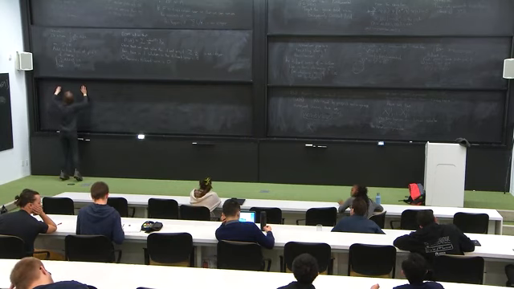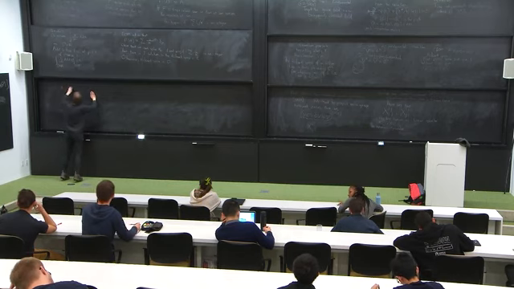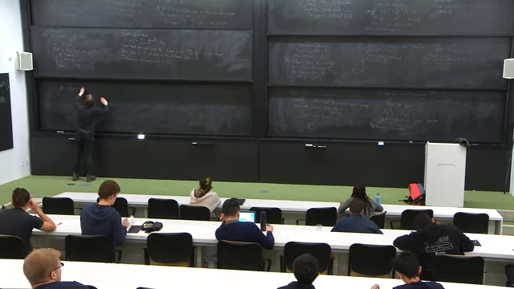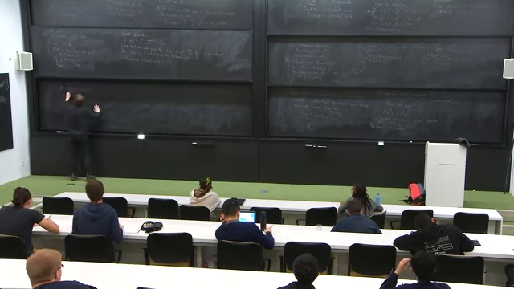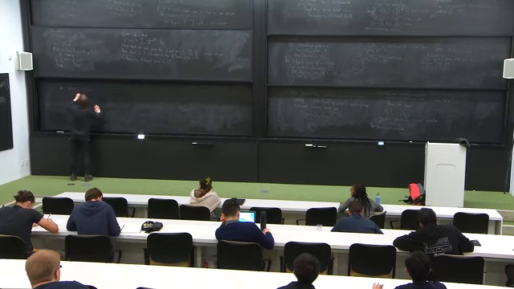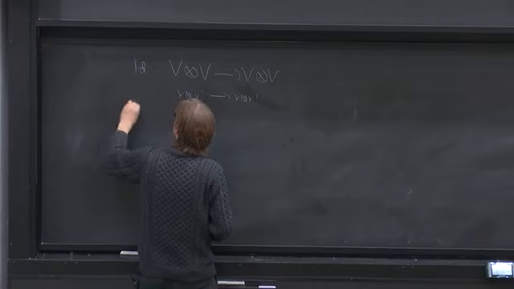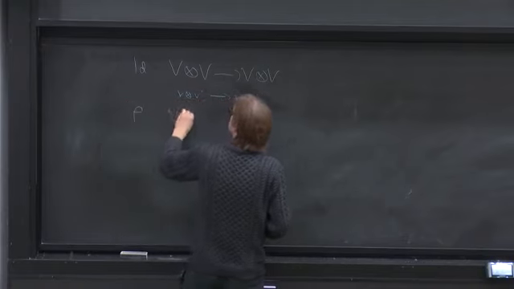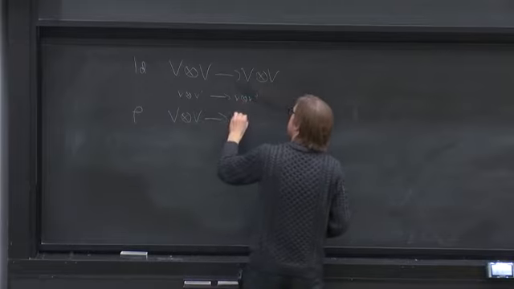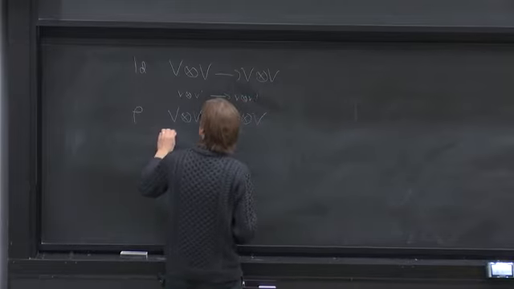The identity, V tensor V to V tensor V, sends a tensor product to the same thing. And the permutation, which I'll call rho, switches the 2 factors.